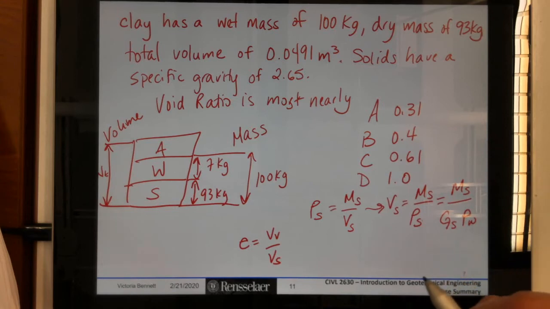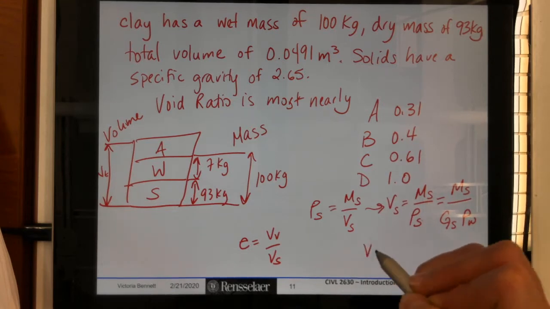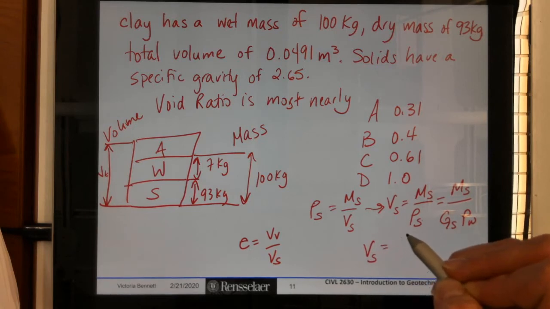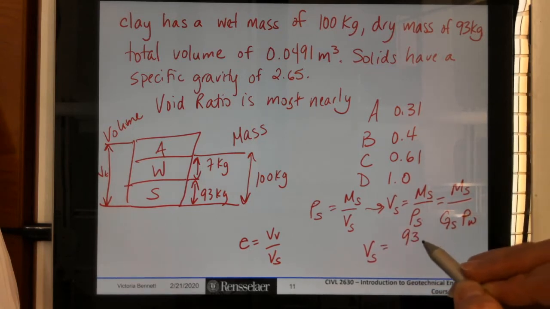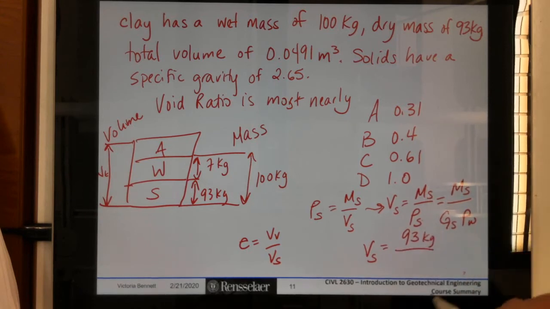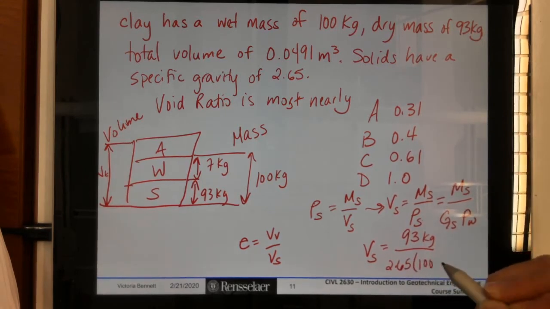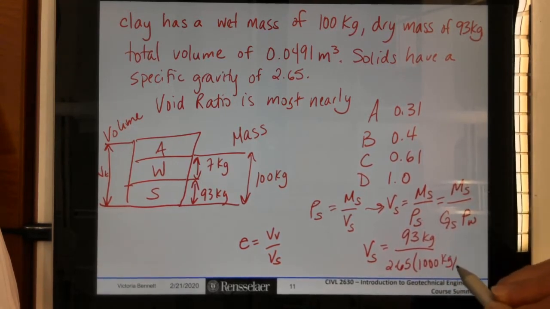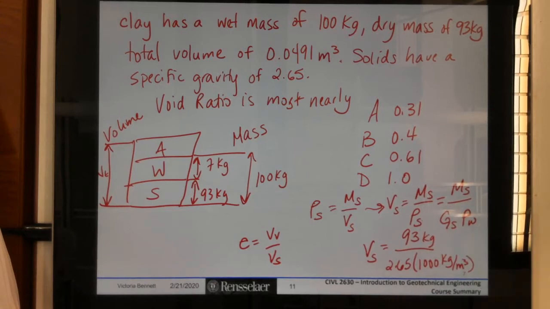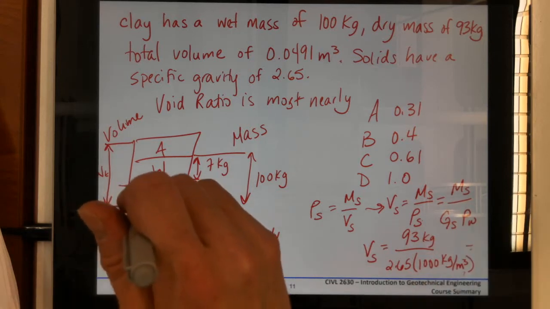But here we could come up with our volume of solids to be 93 kilograms divided by 2.65 times the density of water in kilograms per meter cubed, which is 1,000. So we could find a number for the volume of solids.